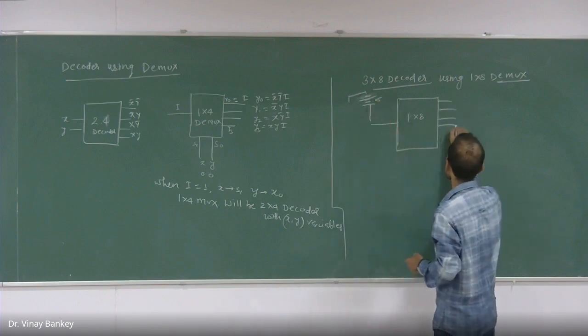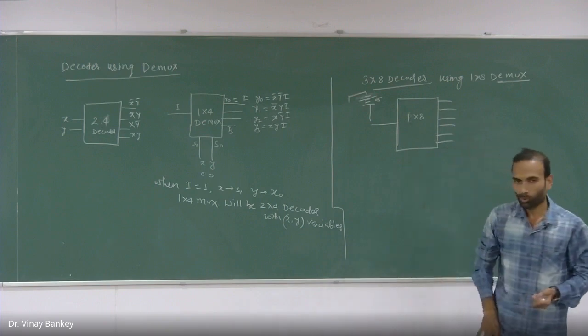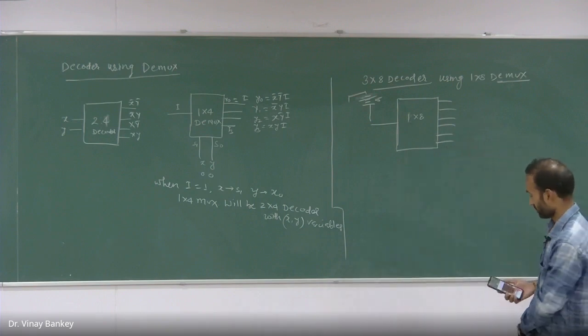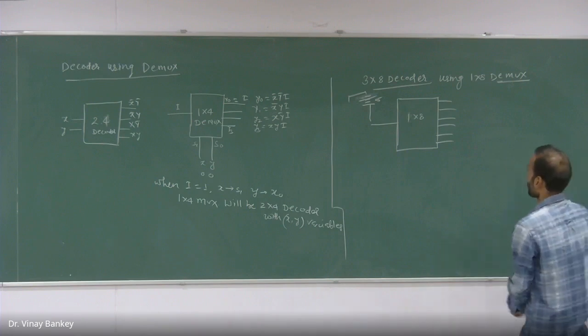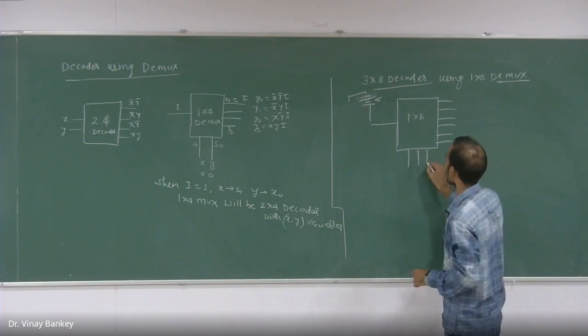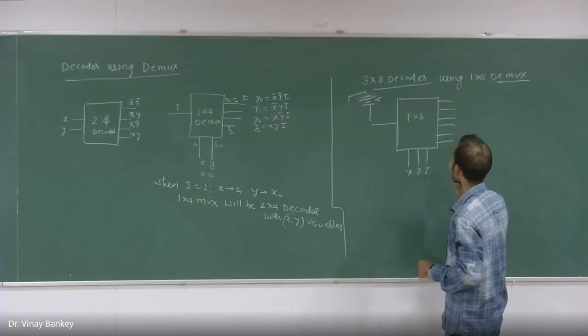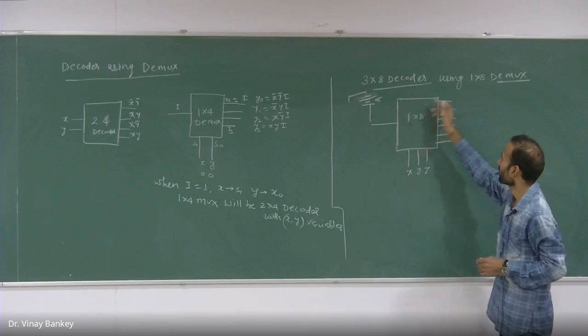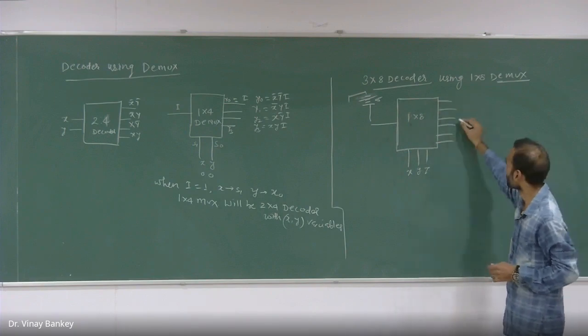And you have 8 output lines. Okay, so the 3 selection lines will be your variables x, y, and z. According to this input, that is 1, this will be reflected to the output.